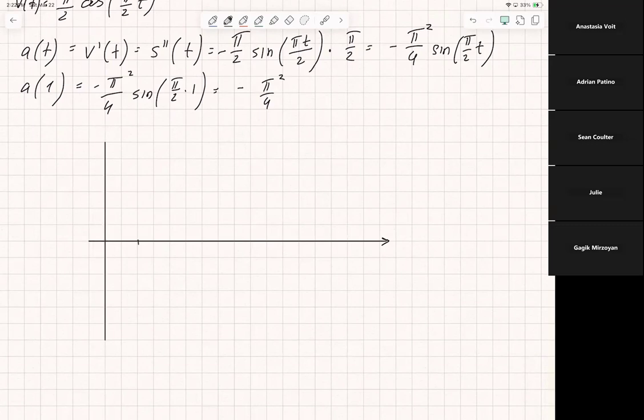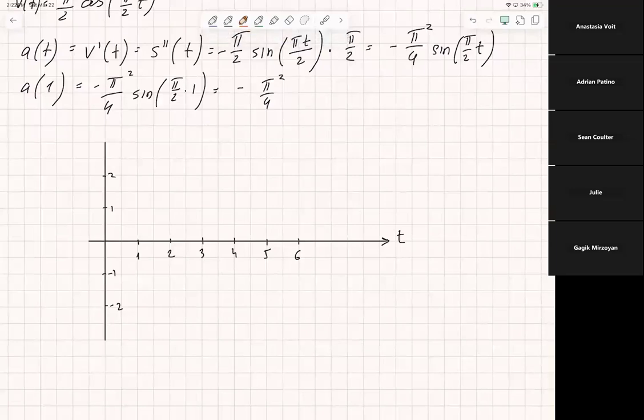Okay, so probably 1, 2, 3, 4, 5, 6. That's my t. So let's see, we have 1 here, 2 here, -1 here, -2 here.